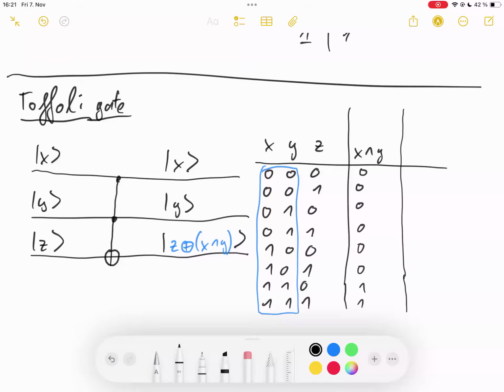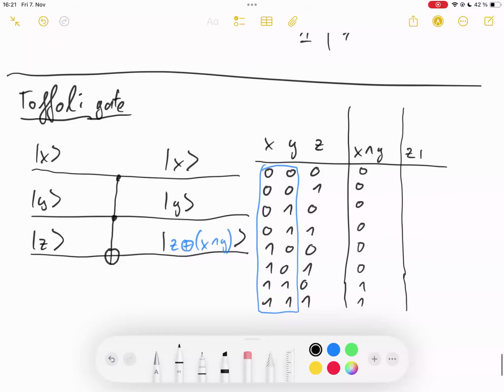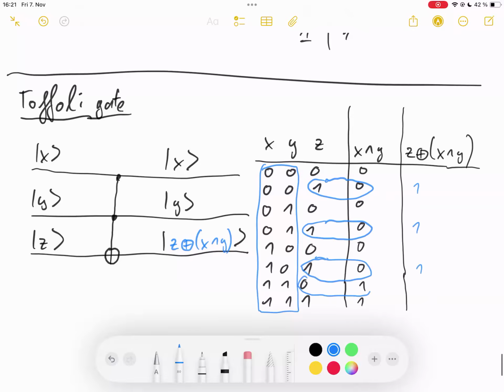And now we need our Z XOR (X AND Y). I have just computed X AND Y. And for the XOR with Z, what we see is I have a 1 and a 0 here. So I put a 1 here, also here, there, and there.